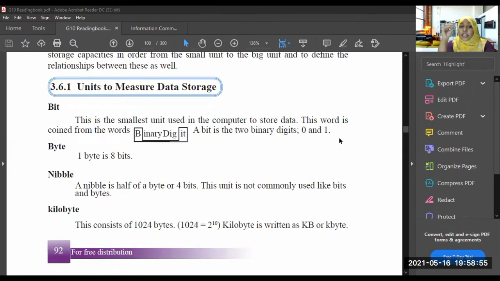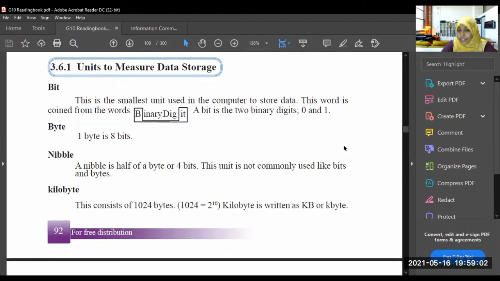There is another thing called a nibble. A nibble is half of a byte, or 4 bits. This unit is not commonly used like bits and bytes. I think you have never heard about nibbles, but a nibble is half of a byte. Half of a byte means 1 nibble, or 4 bits, is a nibble. Understood?